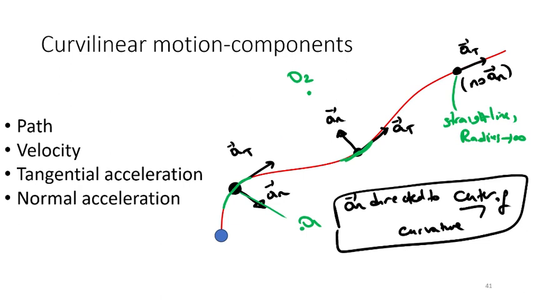And if there is no normal acceleration, the thing will become like a straight line, rectilinear motion. And the formula for a_n is v squared by rho. What is rho? Rho is the radius of curvature.